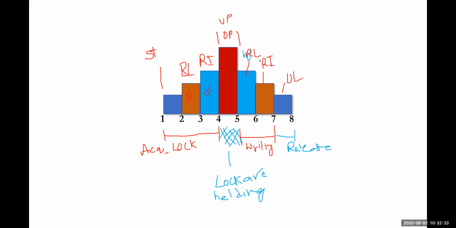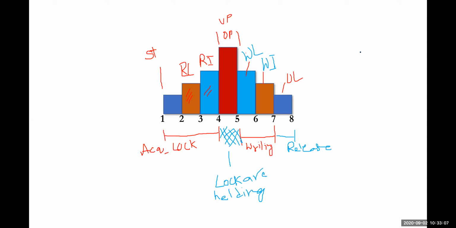These are write locks and these are write items. After the writing operations are done, unlocks will start. During the releasing of one particular lock, no other locks, no read locks or write locks, can be taken here. Then this is called the two-phase locking protocol.